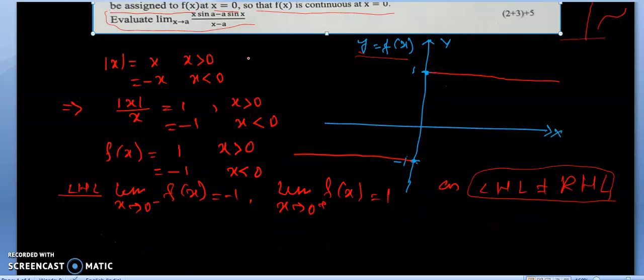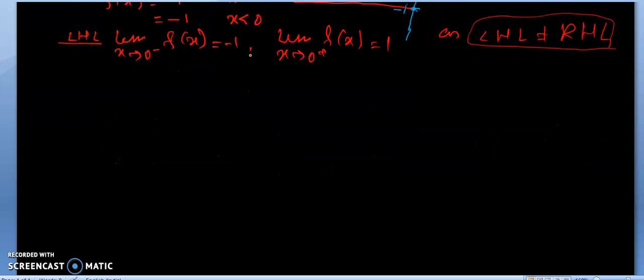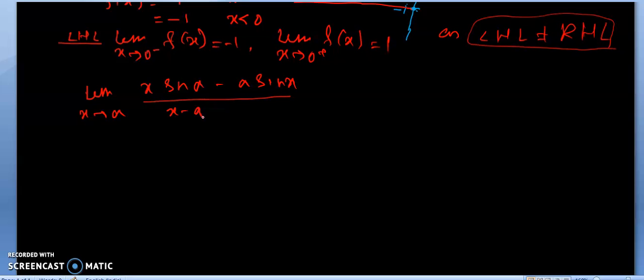Now the next part is to evaluate the limit of x sin a minus a sin x. So how can we derive it? Let's start. The first question is the limit as x tends to a of (x sin a minus a sin x) upon (x minus a).